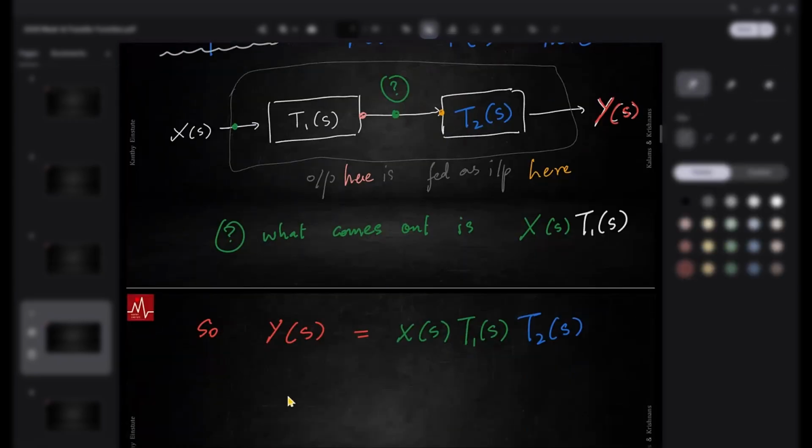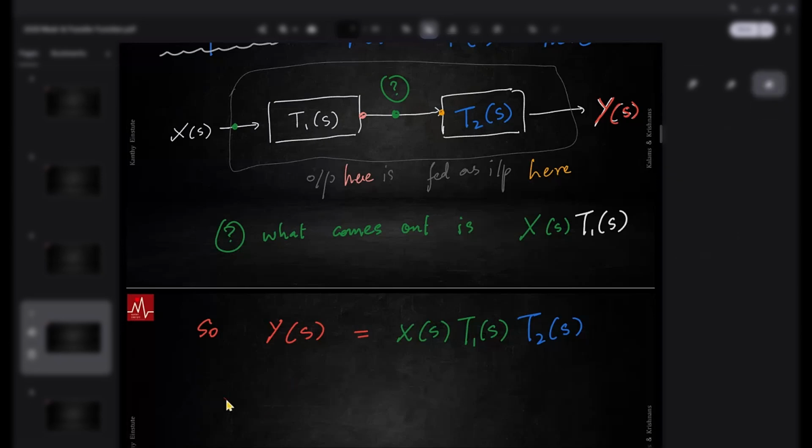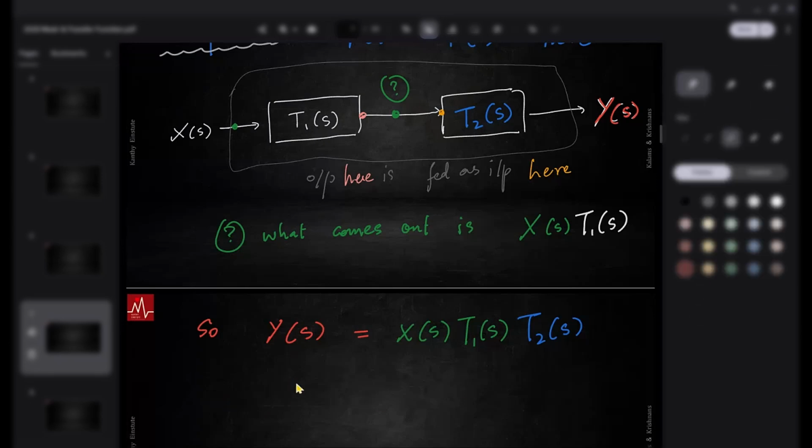So you got your output to input ratio, y of s by the input x of s, which happens to be T1 of s, T2 of s. That by definition is the net transfer function T of s.